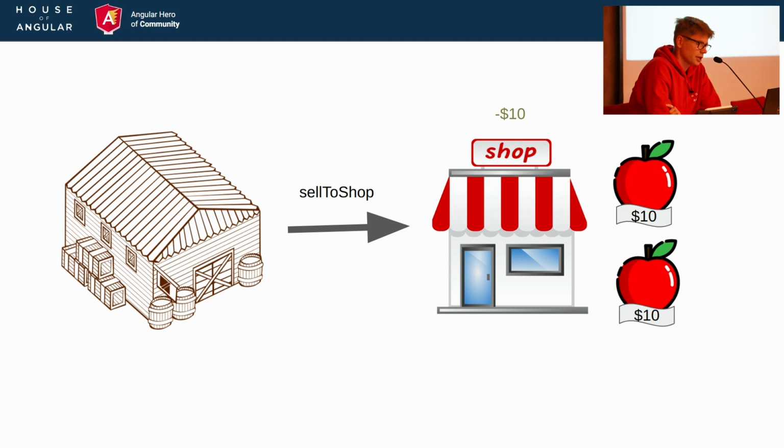So this is the behavior. When the shop buys the apples, the shop just pays $10 and gets an apple. I didn't want to introduce more and more complexity, so the supplier will just create the objects for the shop. We don't need to track the supplier's money for this example.